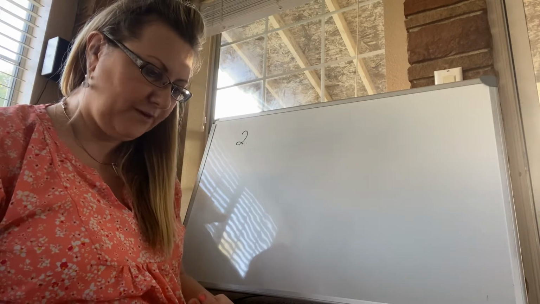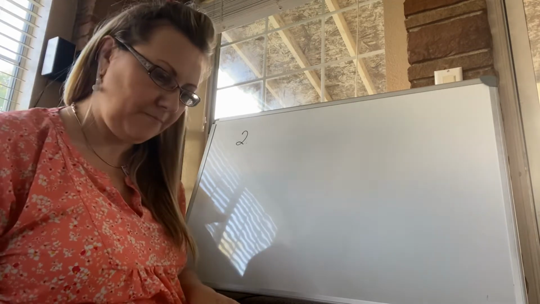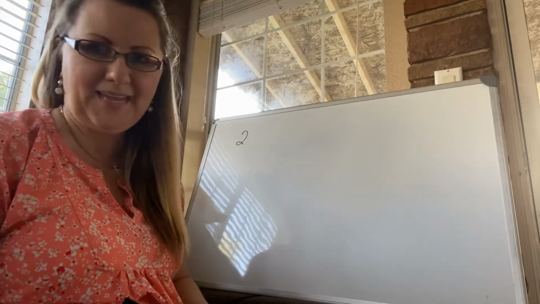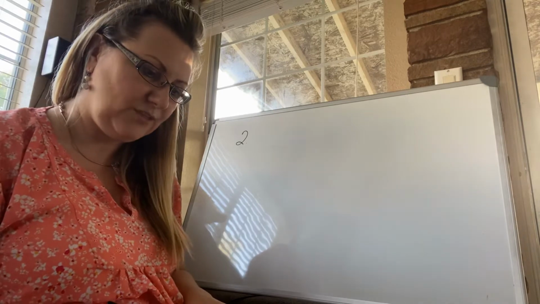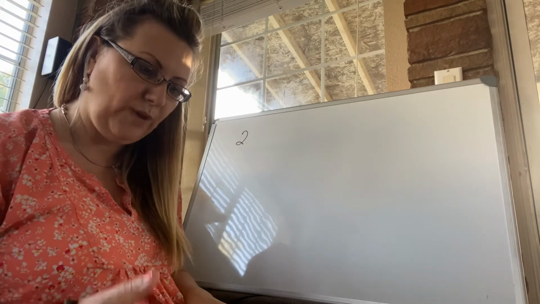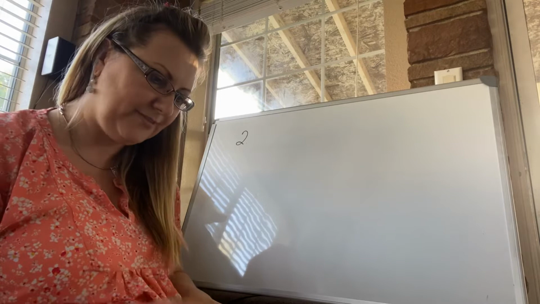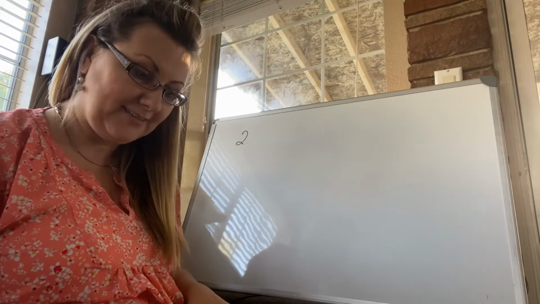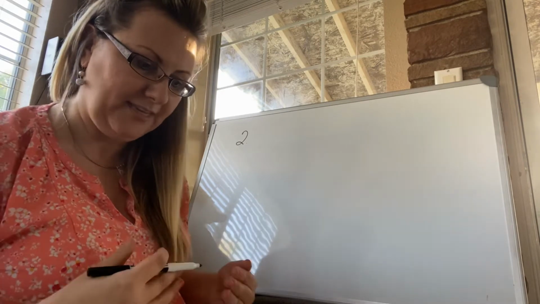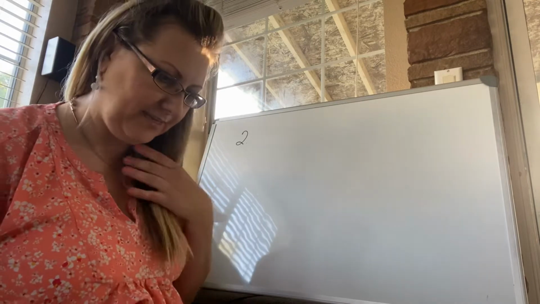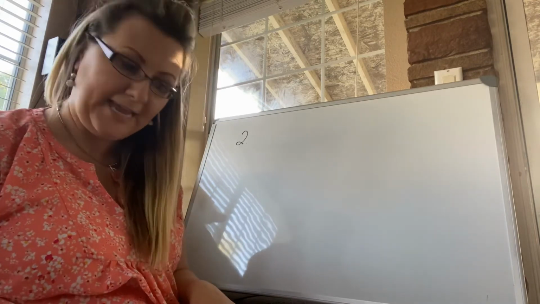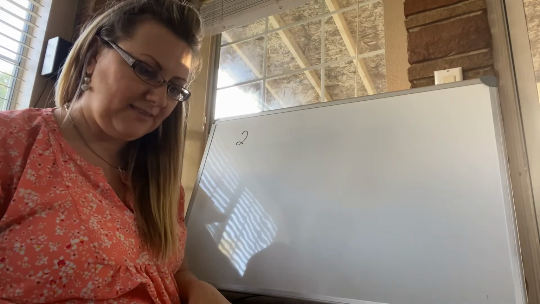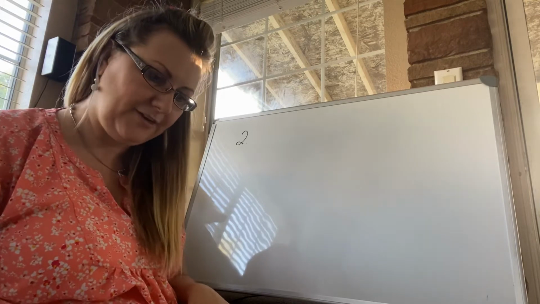Number 2, our first star problem says a container and its contents weigh 125 pounds. The contents of the container, so what's in the container, weigh 118 pounds. What is the weight of the container?